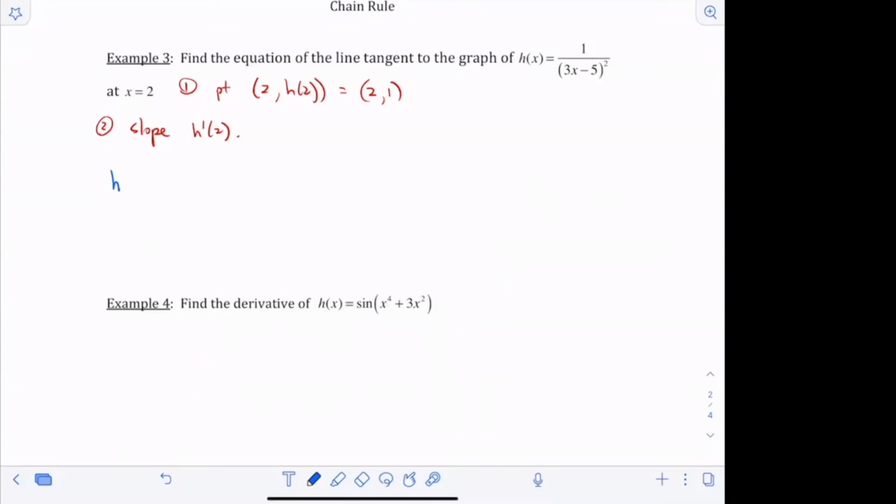Does anyone know what the first thing I should do is, even before I take the derivative? We probably want to rewrite the way h looks. I always like to write things in exponential form. So I'm going to write it as 3x minus 5 to the negative 2. Does that make sense?